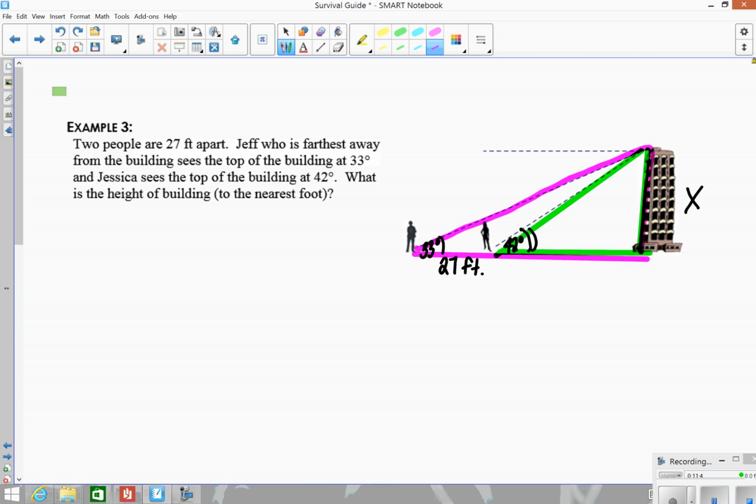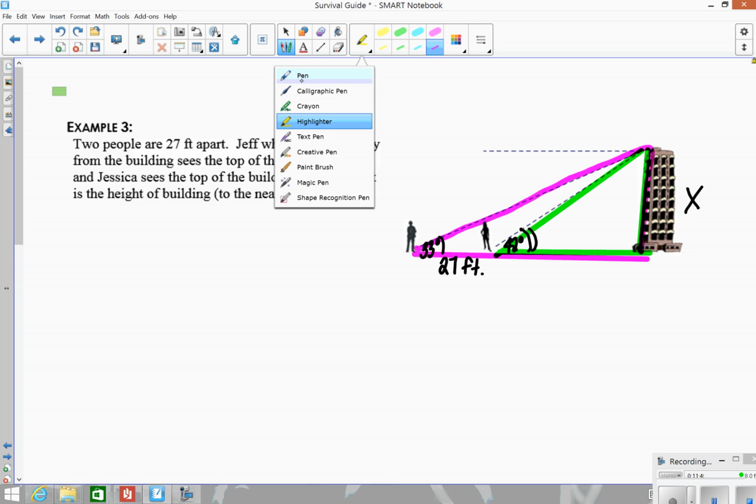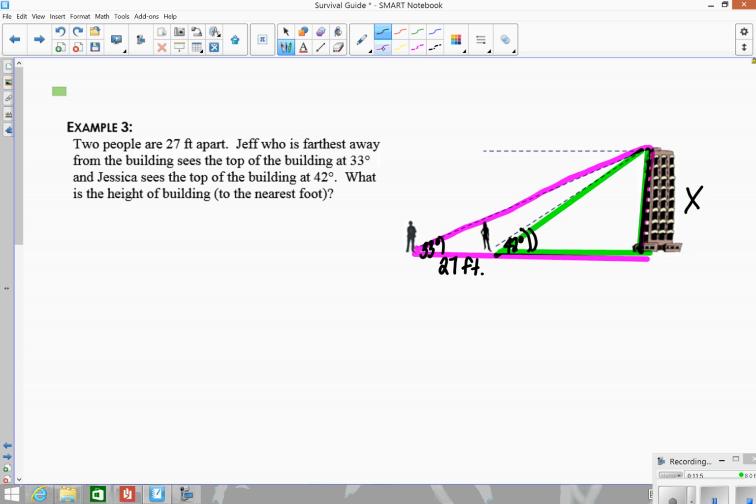So what we need to do is we want to find the X. Now, the problem with this example is we don't have as much information as the last one, because instead of giving us the height here that we could use in both equations when we set them up, we're trying to find that height.